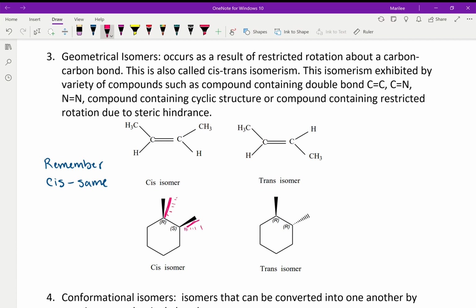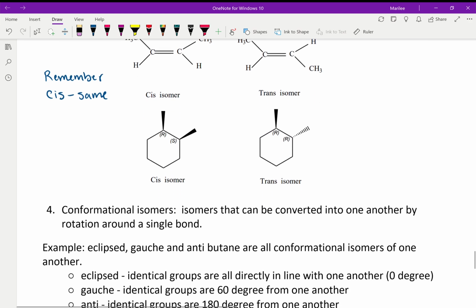They both have to match for cis. And for trans, obviously they have to be different. So one is coming towards you, one is going away from you. For cis, this image we have here, they're both coming towards you. If it was the dash, they would be both going away from you.